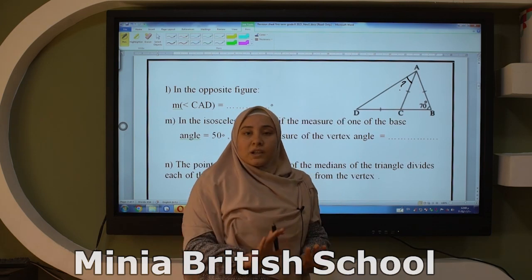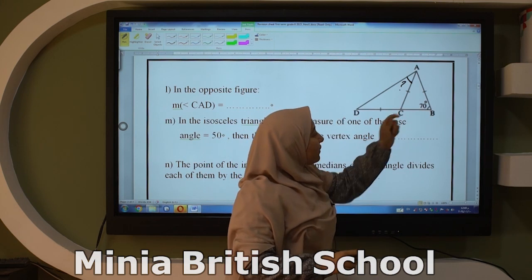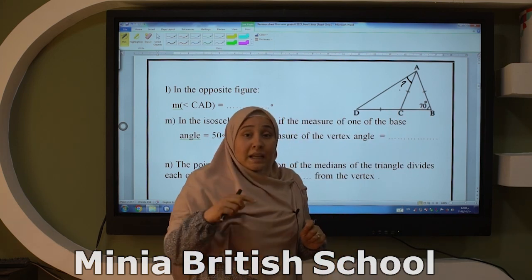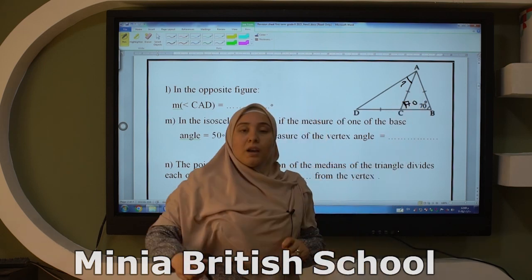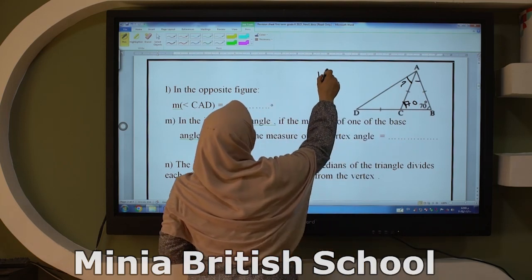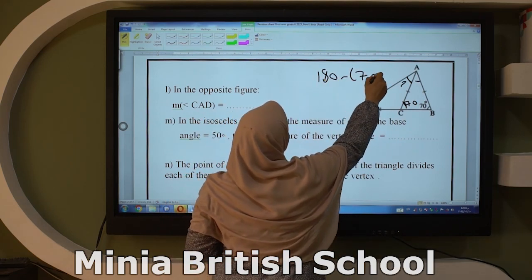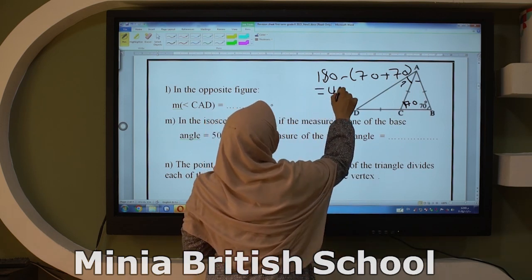Then the triangle is an isosceles triangle, and the measure of one of the base angles equals 70. Then the measure of angle ACB also equals 70 degrees. Then the measure of the vertex angle equals 180 minus 70 plus 70, which equals 40 degrees.